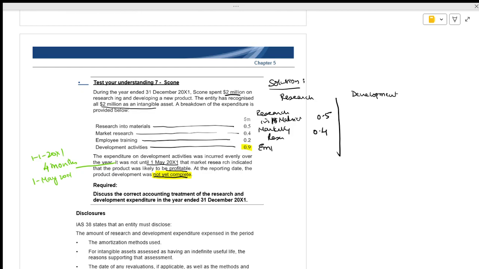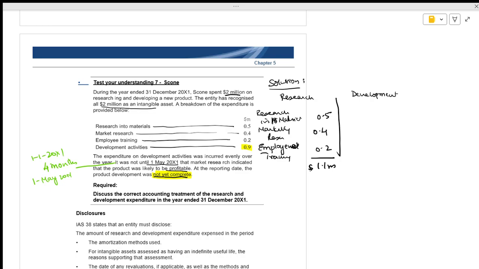Employee training will never be a part of this. How much is there? 0.2. If you add these up, how much will it come to? It will come to 1.1.